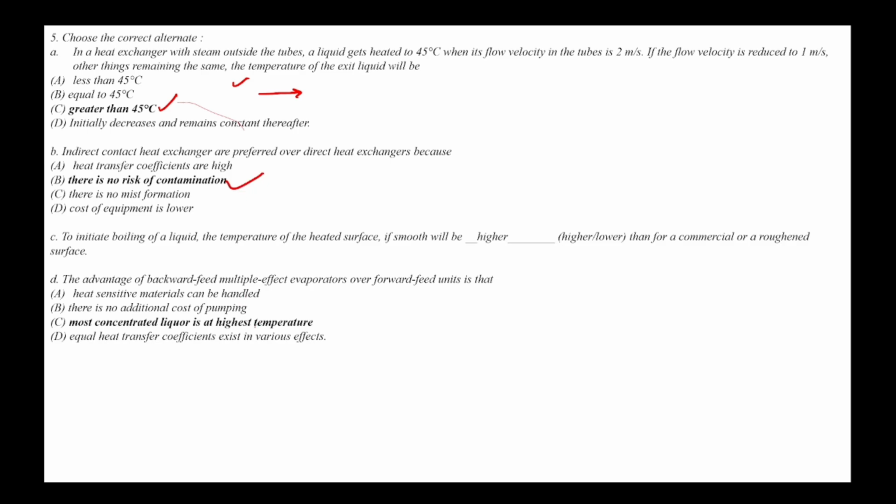To initiate boiling of a liquid, the temperature of the heated surface, if smooth, will be higher as compared to a commercial rough surface, because a rough surface has nucleation sites.